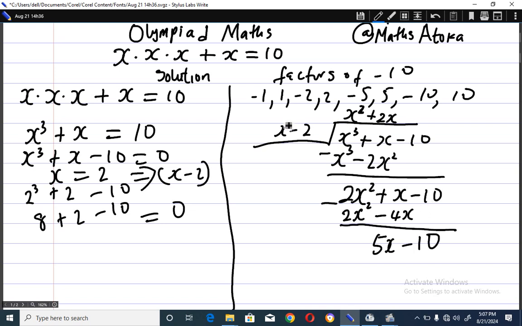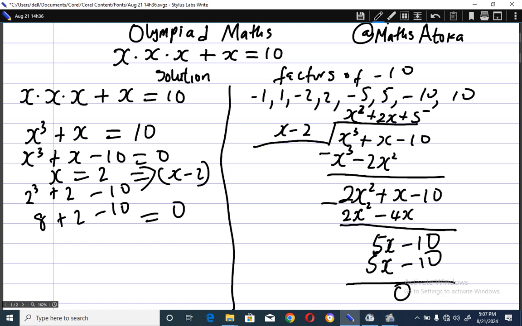Divide again. 5x divided by x gives plus 5. So write your plus 5 here. You multiply again: this will give you 5x, and this gives you minus 10. So if you subtract, you're going to have 0.